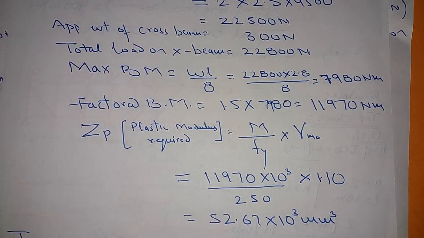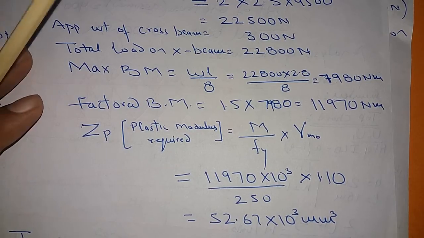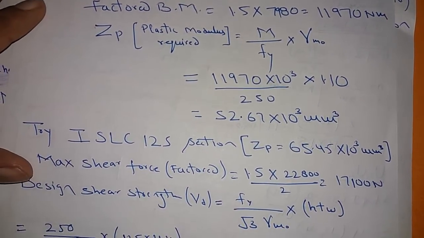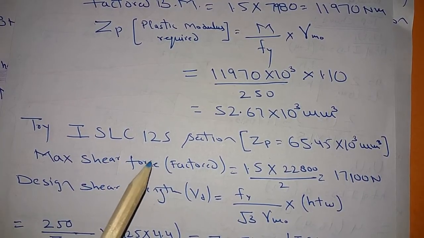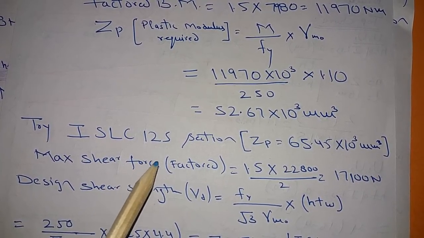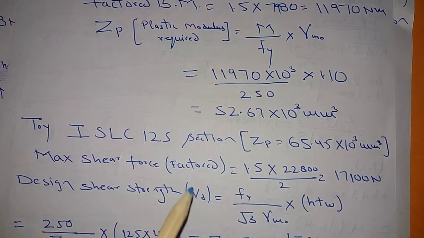When you check your steel table, the suitable section as per this Zp is ISLC 125. ISLC means channel of width 120, depth 125, which has Zp 65.45 into 10 raised to power 3 millimeter cube.